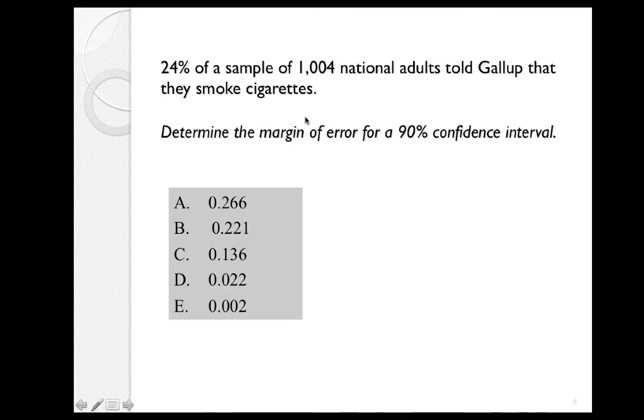Now, to determine the margin of error for the 90% confidence interval, which is E, the other component we need is the critical value times the standard error, which we already calculated.